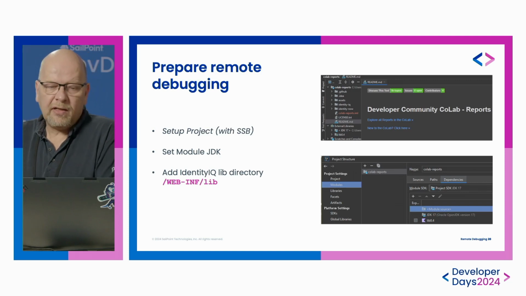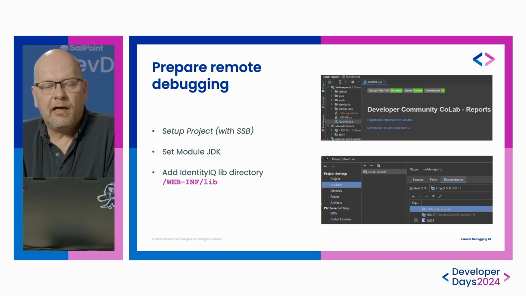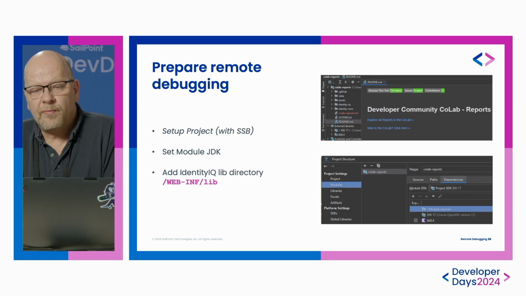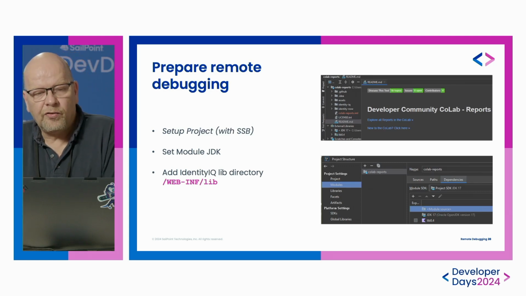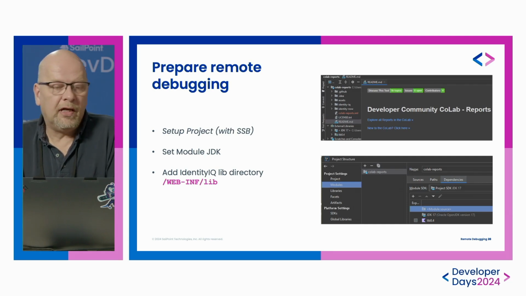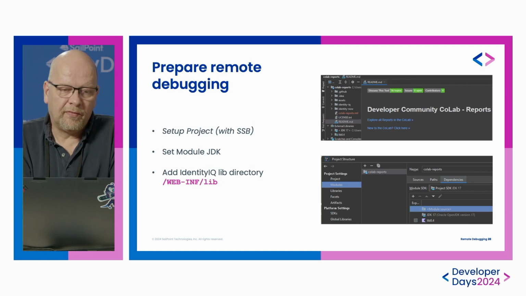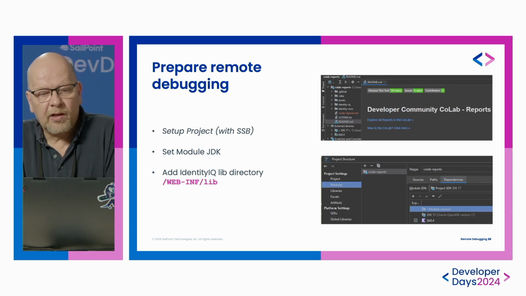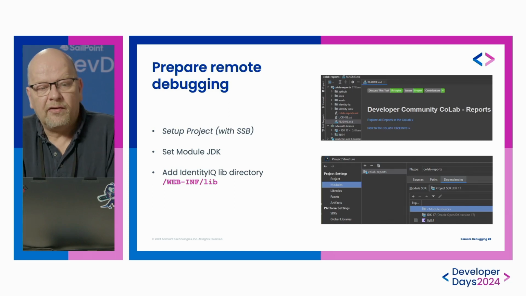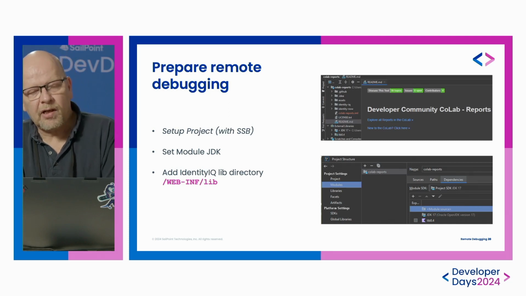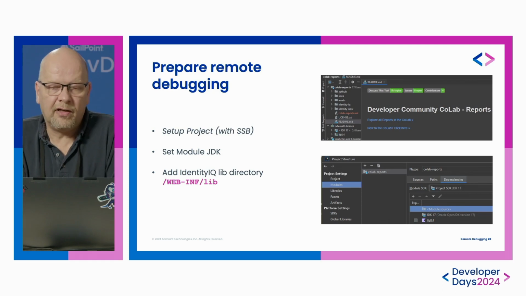You need to identify the SDK to the module just to make sure that it will decompile, it will compile, and all the Java classes are available if needed, and it will also help you with debugging. And you need to make sure that you add the lib directory of IdentityIQ itself as a library to the project in IntelliJ.